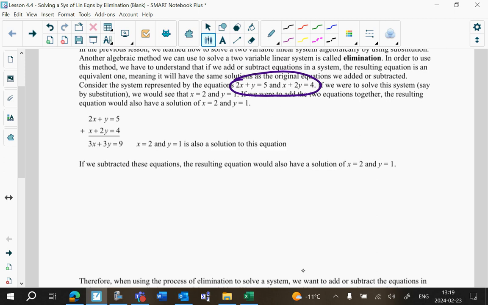And that makes sense because if you look at this one, 2 times 2 plus 1 does equal 5. And 2 plus 2 times 1 does equal 4. Because this is 4 plus 1, which is 5. This is 3 plus 2, which is 4.